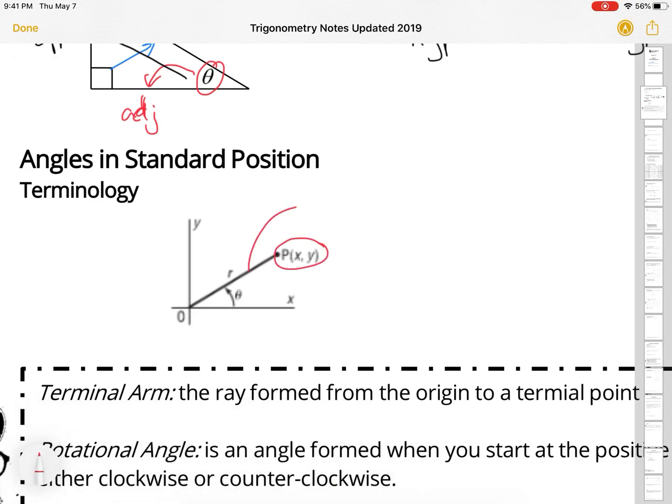If we have a point P(x, y), the line that connects to it is called the terminal arm. The angle it makes with the x-axis is called the rotational angle.